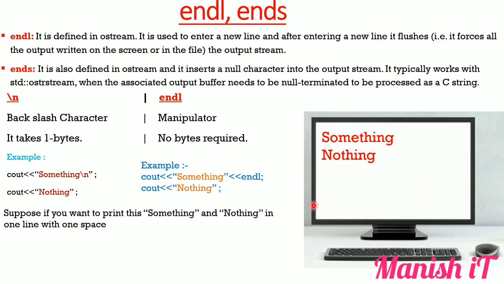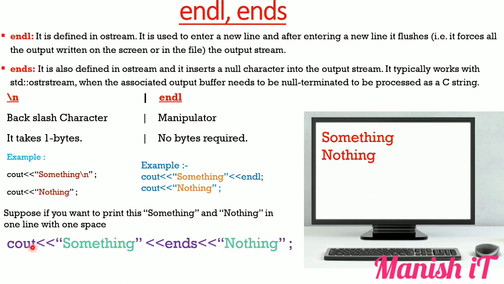Suppose our program instruction is written like this. Inside double quotation marks we write something, then the insertion operator, and then we have to use the index function, the index operator. Whenever our compiler comes here, it understands that we have to give one single blank space or white space after executing this line.